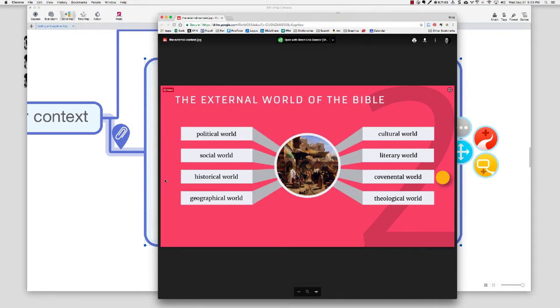Makes a big difference in how you interpret. And then the theological or spiritual world in which the text was written. And that has to do with people's attitudes about God, people's attitudes about spirit beings and the afterlife, and so forth. So this is a whole external world in which the Bible is written that we need to understand. It helps us if we have a grasp of that world to understand a biblical text.